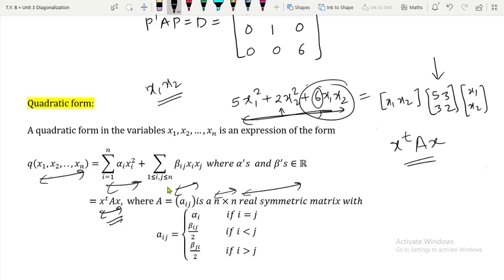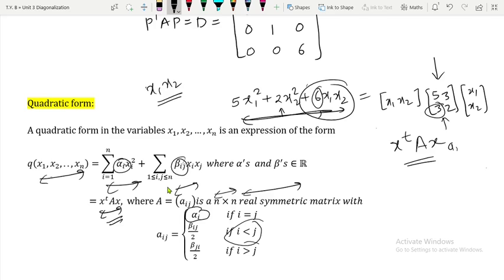And how is this symmetric matrix? What are the diagonal entries? The diagonal entries are alpha i, so they are taken exactly as they are. And what are the non-diagonal entries? They are beta ij upon 2. So the coefficients of x1 x2, x1 x3 are simply divided by 2.